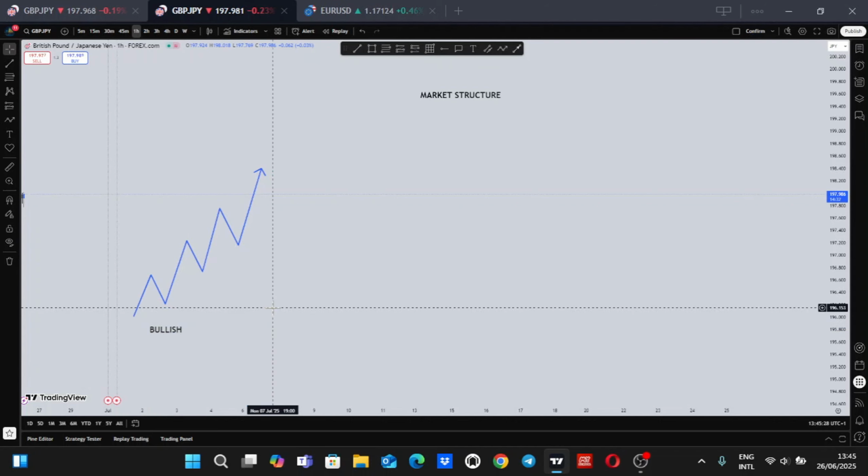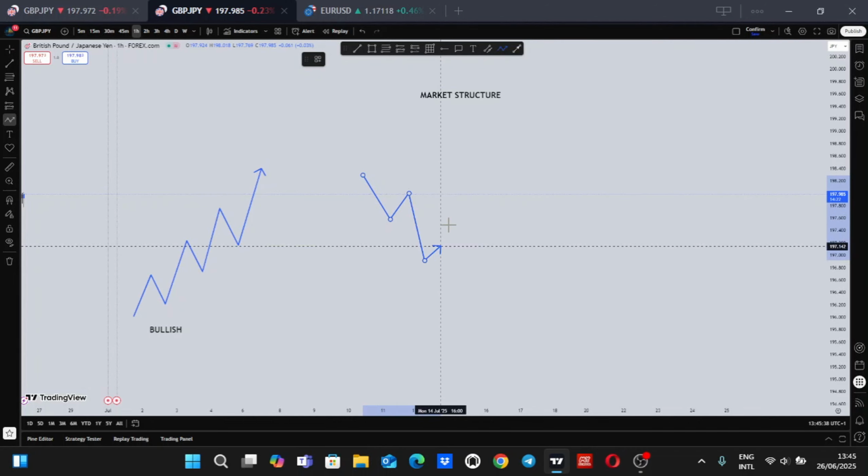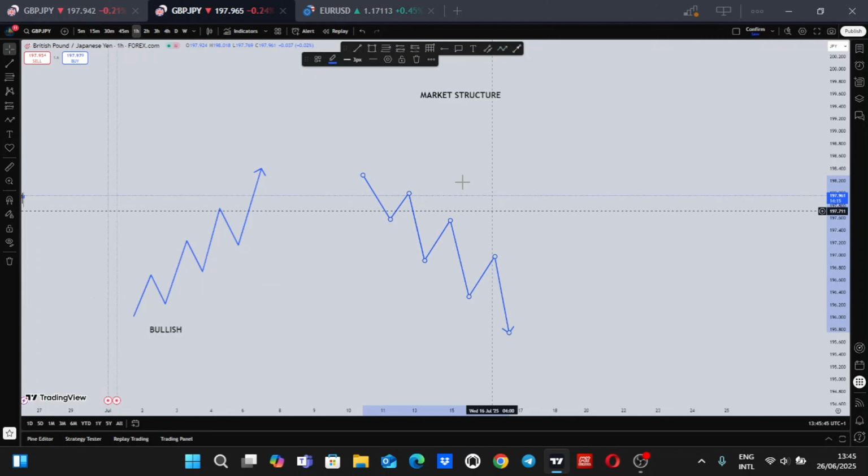That's a bullish structure. Then if you see the market creating lower lows and lower highs, lower low, lower high, lower low, lower high, this is an indication that the market is bearish.